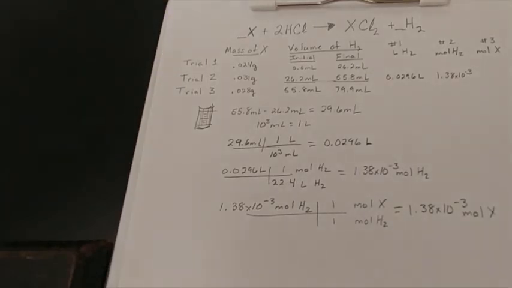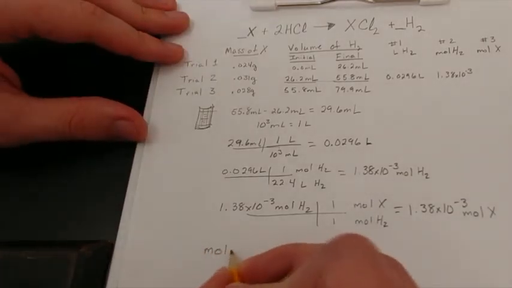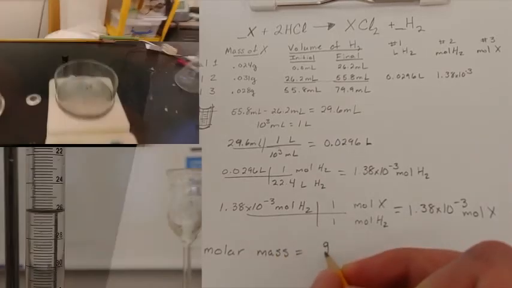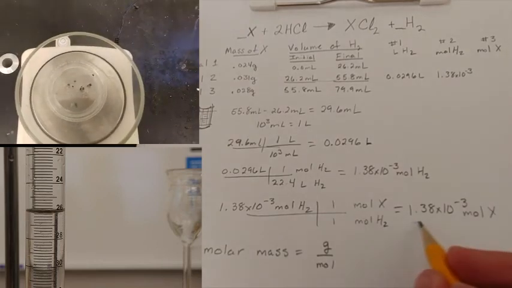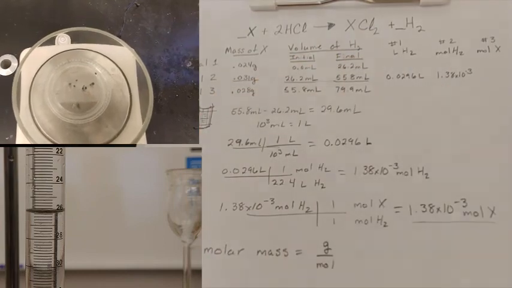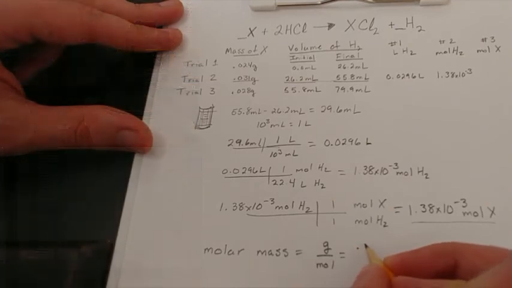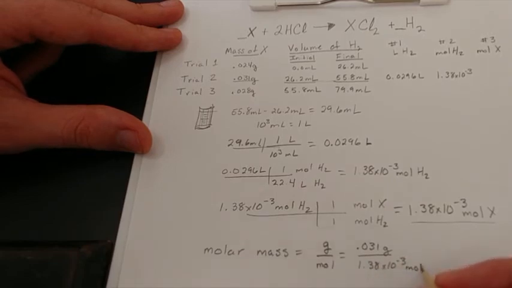Okay? Now, I want the molar mass, and molar mass is grams per mole. Well, I have my moles there, and my grams you actually measured on the scale. So I'm going to take 0.031 grams and divide it by the 1.38 times 10 to the negative third moles.